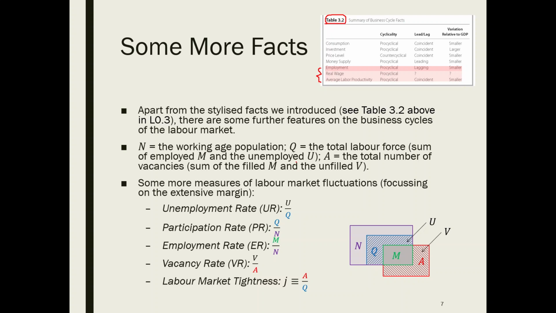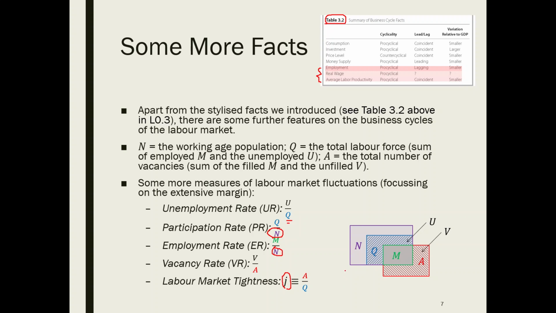In measuring the extensive margins, we usually use the following metrics. Note that the denominators of unemployment rate and employment rate are different. Specifically, we will use the labor market tightness, J, which is defined as the ratio between vacancies and labor force.